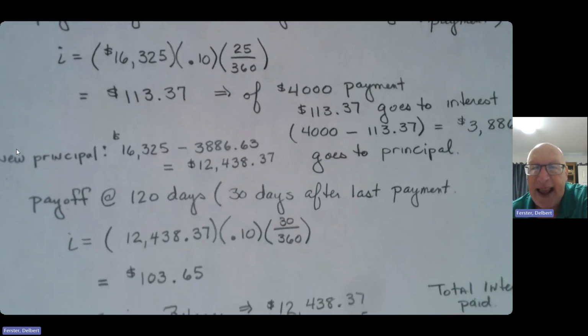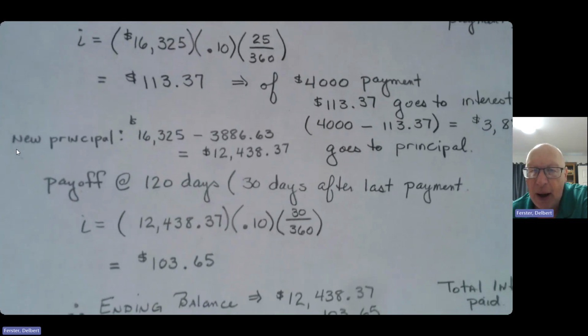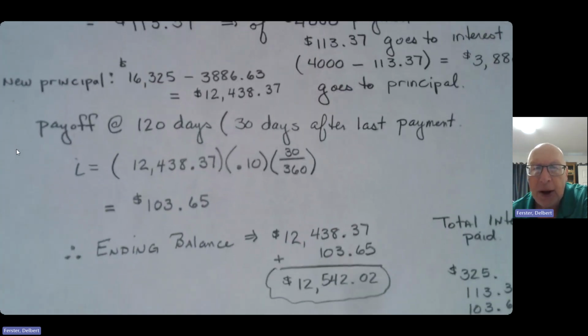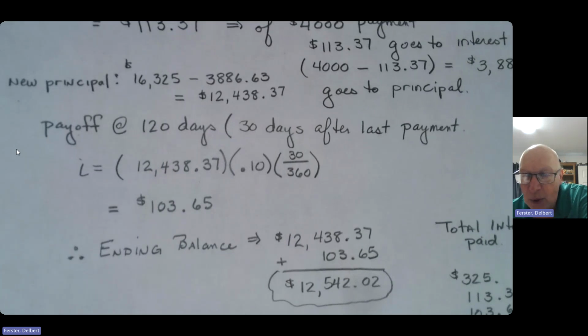Interest charge for the end, $103.65. So to pay out the loan, you have to repay the balance owed, which is $12,438.37, plus the $103.65. So your last payment, to square everything away, should amount to $12,542.02, and that will help Steve Smith wipe out his debt.